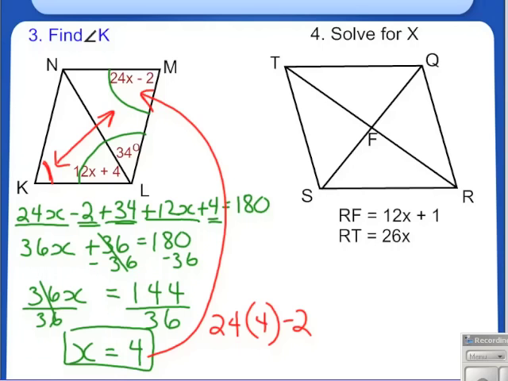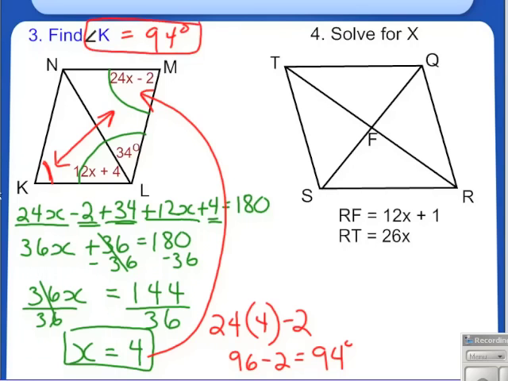That would be 96 minus 2, which is equal to 94 degrees. So if angle M is 94 degrees, we know the measurement of angle K is also 94 degrees.